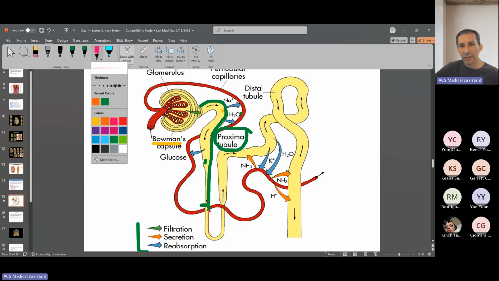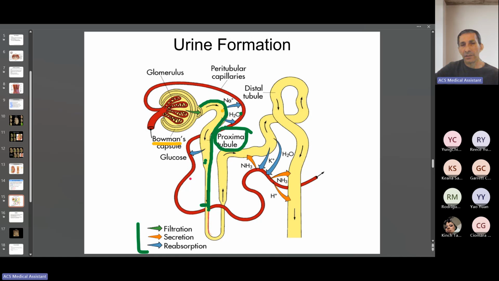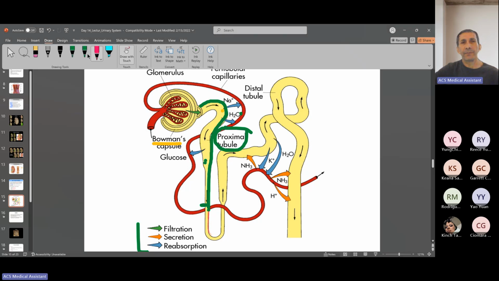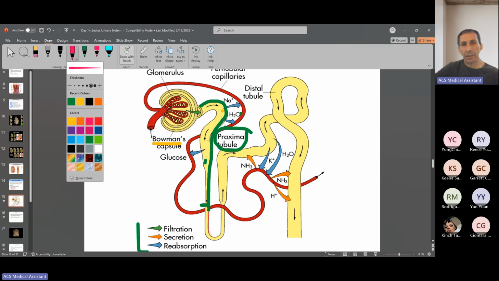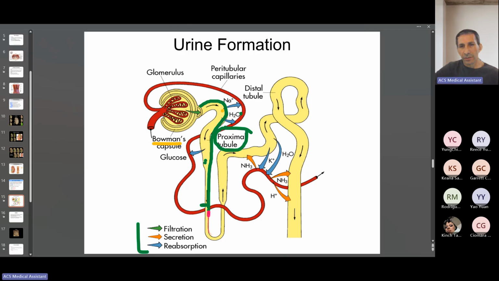What's going on with these colors? Okay, let's use this. So this part, oh, this is excellent. See, this part right here is called the loop of Henle because it's like a loop right here. See, this convoluted tubule, this is the loop of Henle.